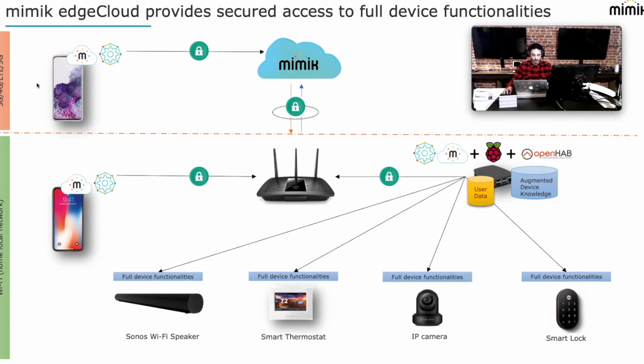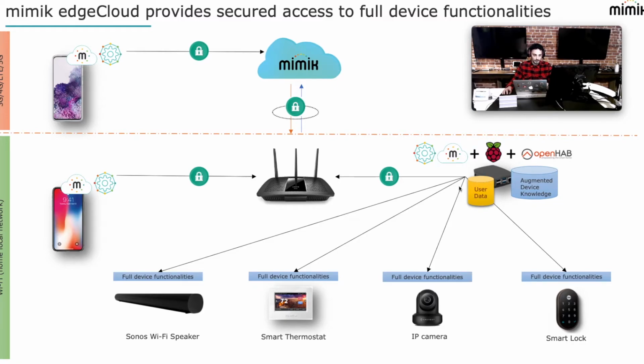So if you're not on the local network here, you ask the cloud, hey, can I get a secure token or a secure key to access all the devices that are inside the home Wi-Fi network? And from there, you have a secure connection and you can communicate with all the IoT devices, regardless of their brand, manufacturer, or anything like that, because all of the augmented device knowledge is kept over here.